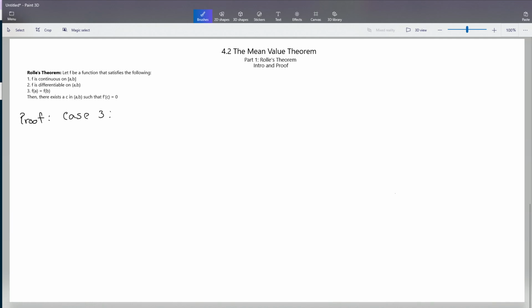In this case, it's kind of the opposite of case 2. We're going to suppose that there's some w, so that f of w is less than f of a.